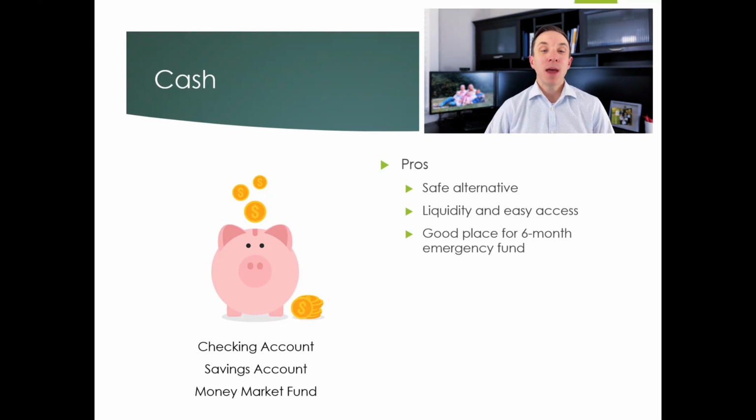For example, when I hold cash in a checking account, I can spend that money at a grocery store. I can't exactly do that with my stocks, bonds, or real estate. This is exactly why it's smart to keep your 6-month emergency fund in a cash account, because it will be available to you whenever you need it.